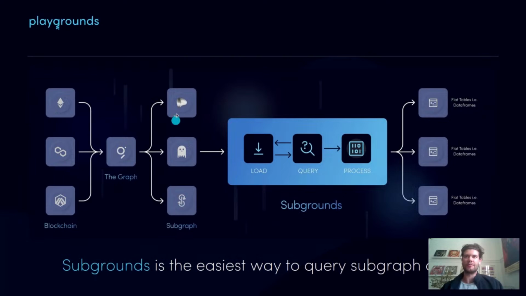Usually you'll have a subgraph for each protocol, but some protocols will have multiple subgraphs, each tackling a different part of the protocol, as is the case for Curve, as we'll see. And once you have your subgraphs, this is where Subgrounds comes in, where the library allows you to load, query, and then process the data from subgraphs, so that you can then export it to a data frame, a CSV file, or a visualization.